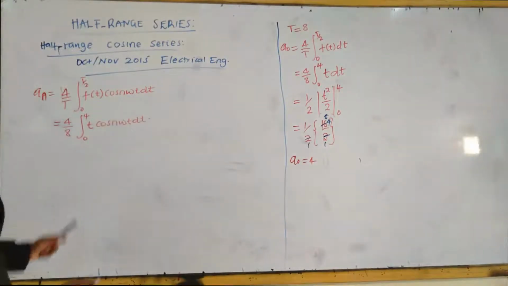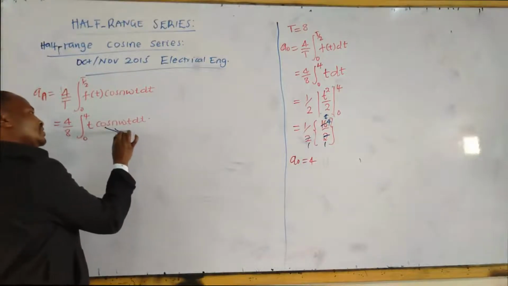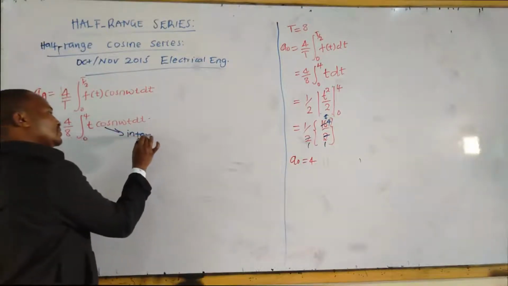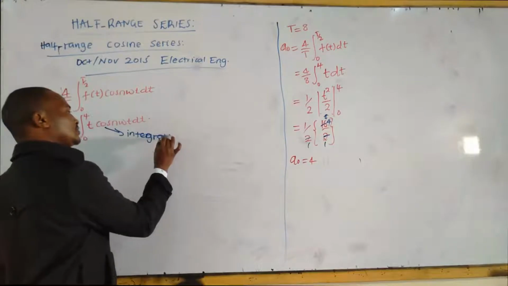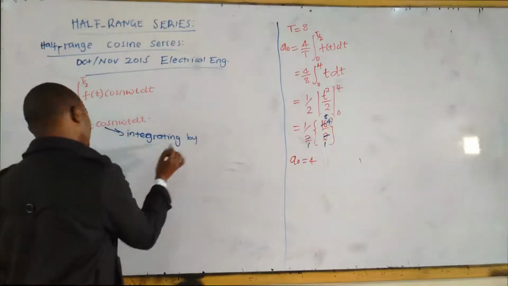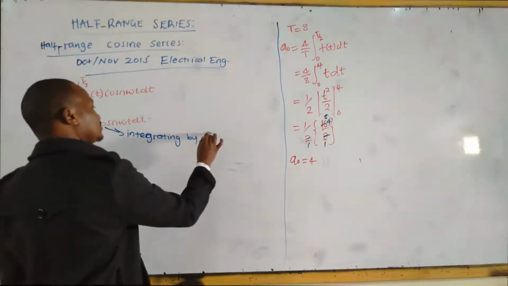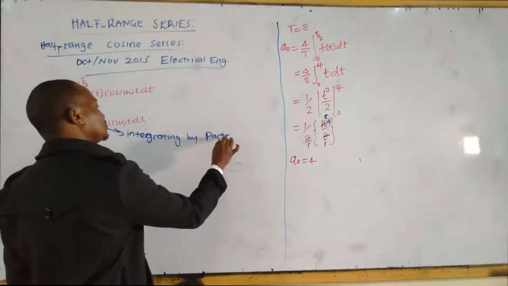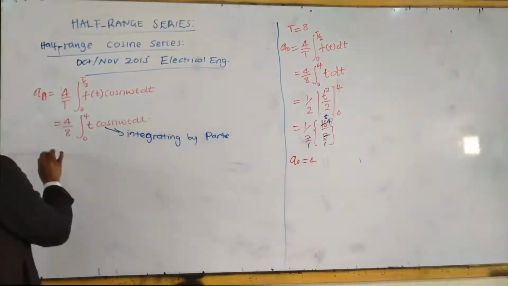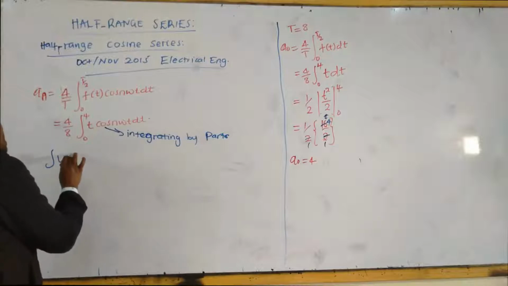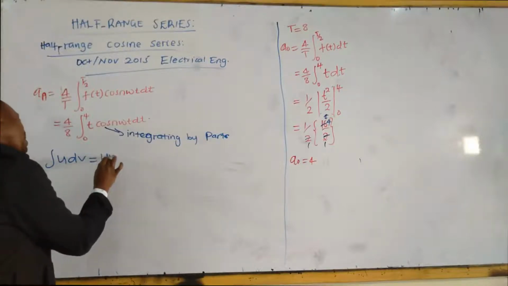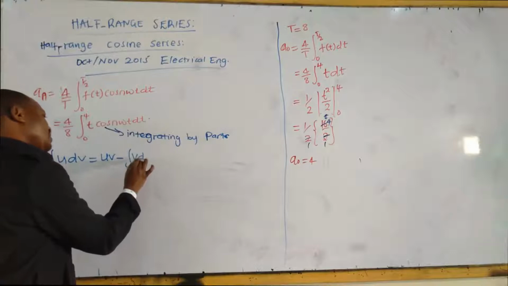Here you have to integrate by parts. You know, integral of u dv is equal to uv minus integral of v du.